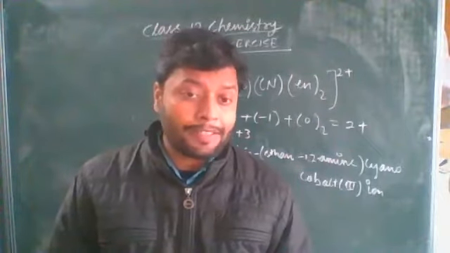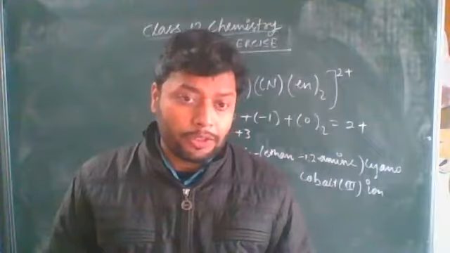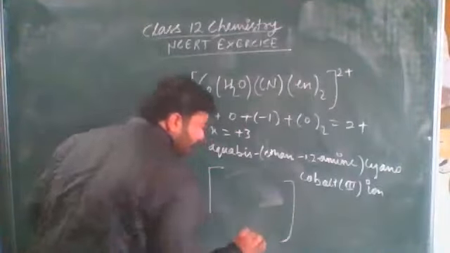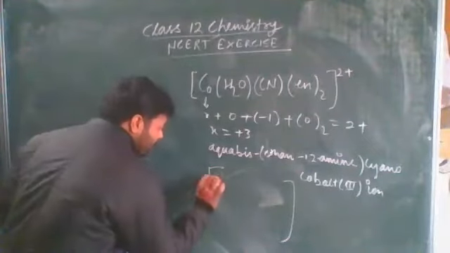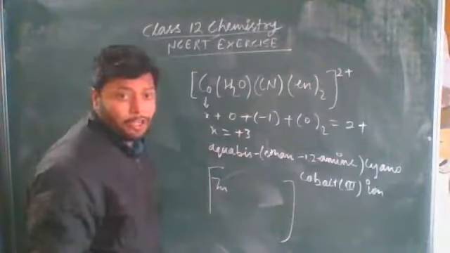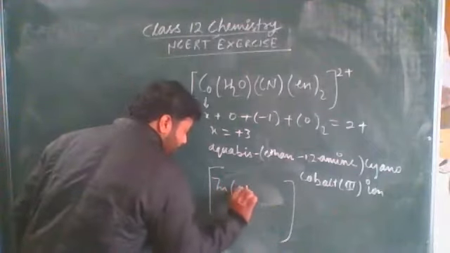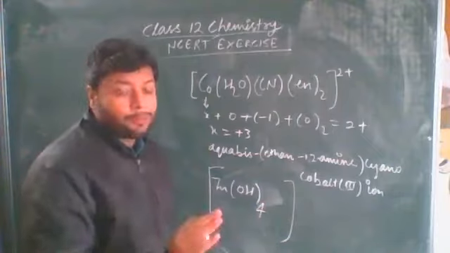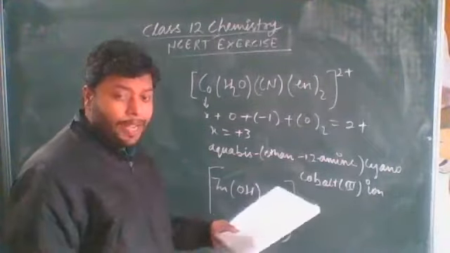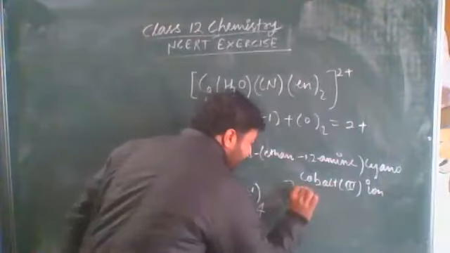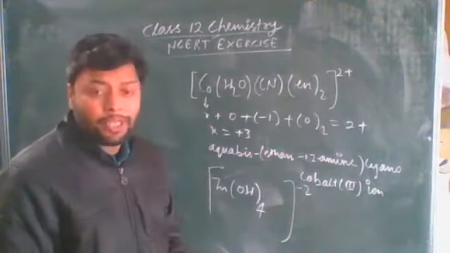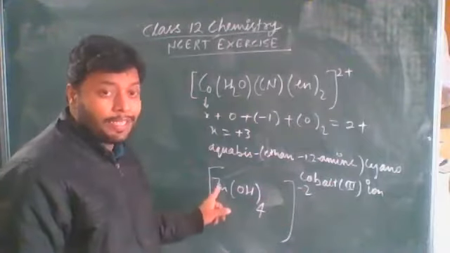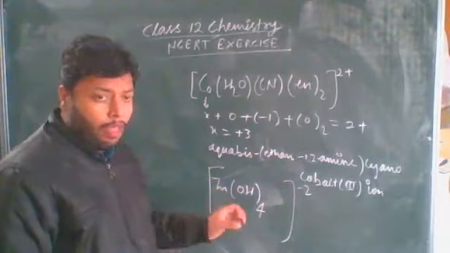Zincate means the complex is anionic. So for the formula, you first mention the bracket, then zinc and tetrahydroxido, [Zn(OH)4], and this complex should carry -2, because with -2 here, Zn can carry a +2 oxidation state.